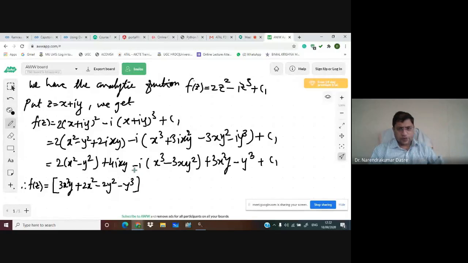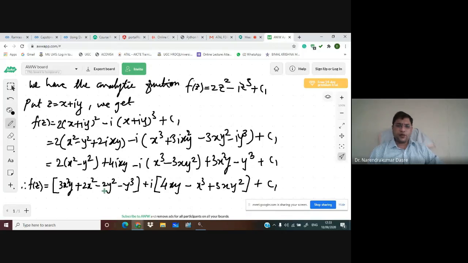Imaginary part, what we have here? This is plus i times 4xy, then the minus i I have to take inside, so minus x cube plus 3xy square, plus c. So this way we are able to get f of z, and now we have to compare the real and imaginary part.